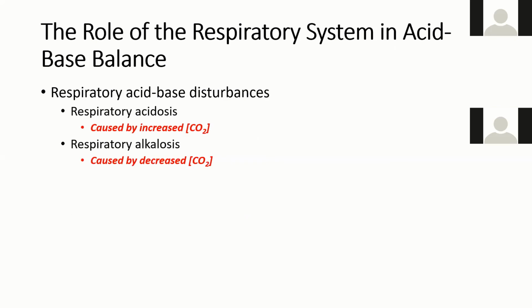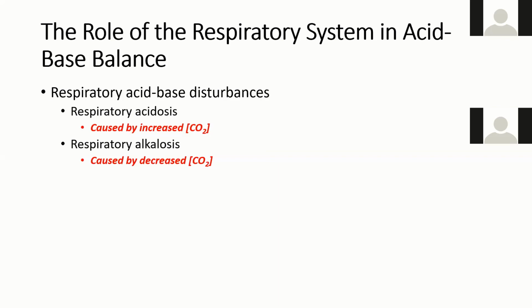Okay. So here written out, the 2 disturbances we're going to want to be on the alert for. If we have an increase in CO2, so you're not breathing out enough and it's staying in your bloodstream, you're going to end up with acidosis. The reason it says respiratory acidosis is that we'll see there's also acidosis and alkalosis that can be caused by the renal side of the equation.